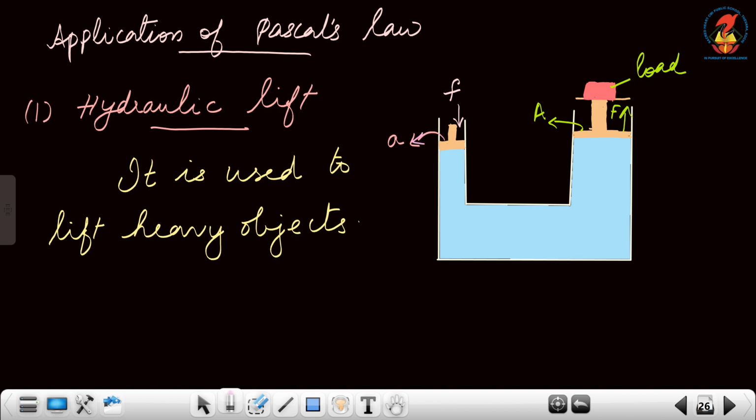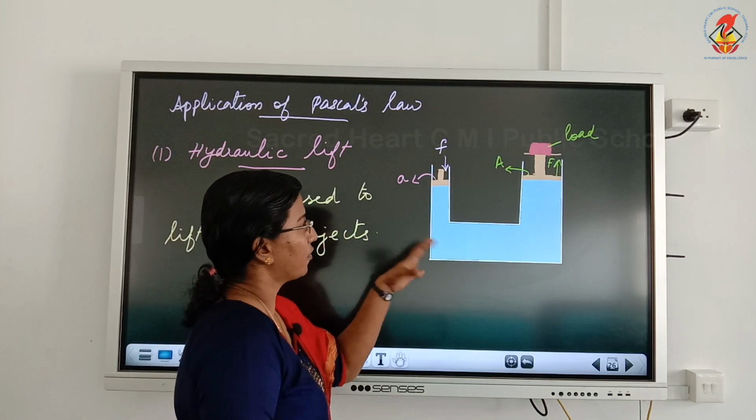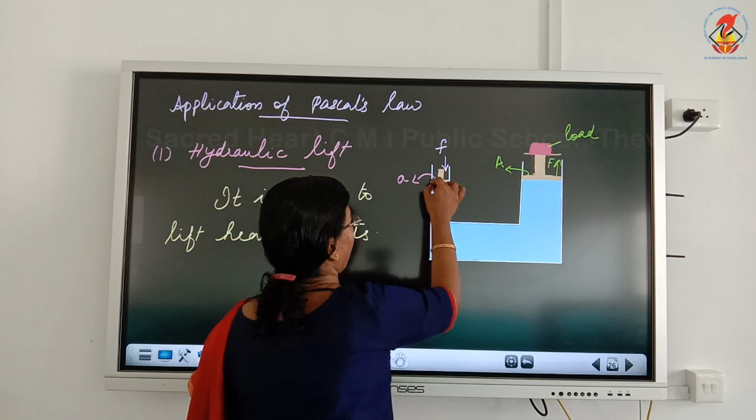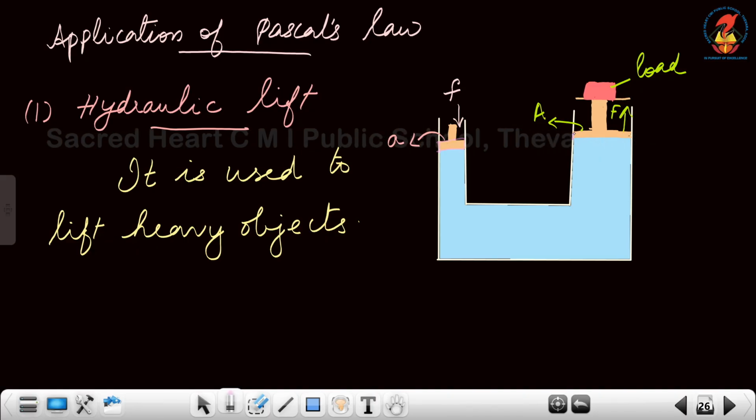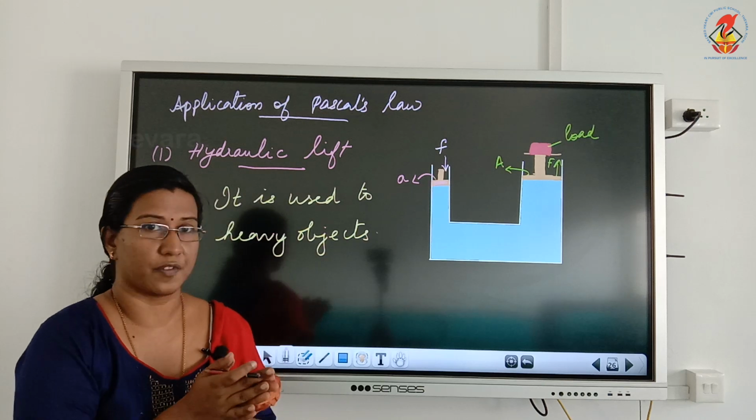Area of the first cylinder is small a and of the second cylinder is capital A, and they are connected with the help of a tube, and this arrangement is filled with fluid. Now, to both the ends of the cylinders, a movable frictionless piston is connected. You know what a piston is, isn't it? It moves up and down.